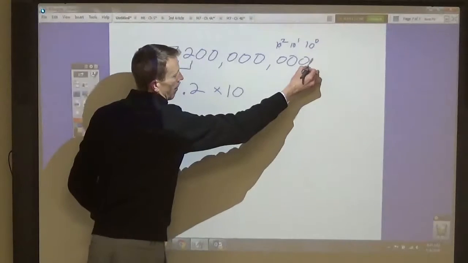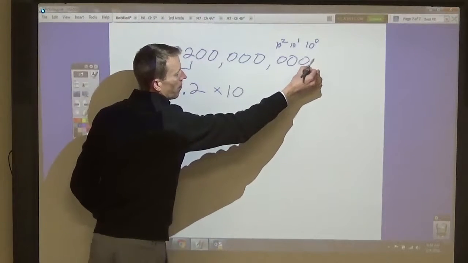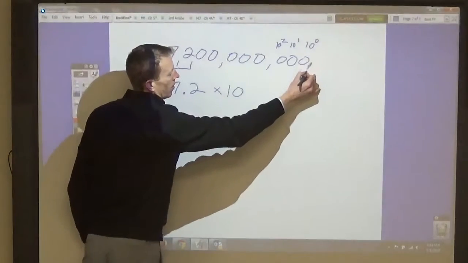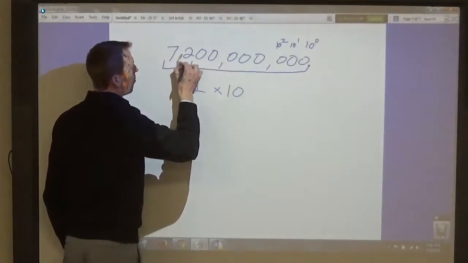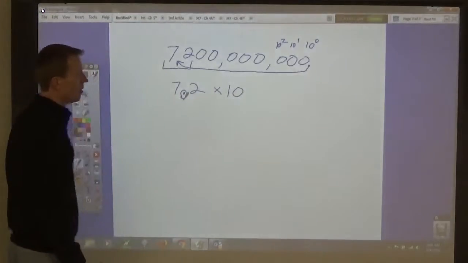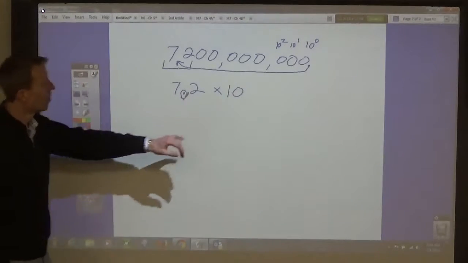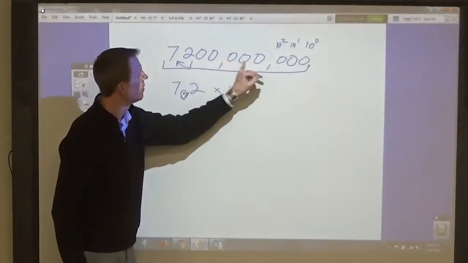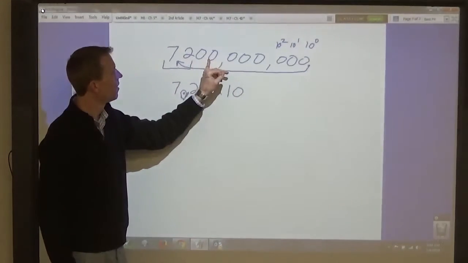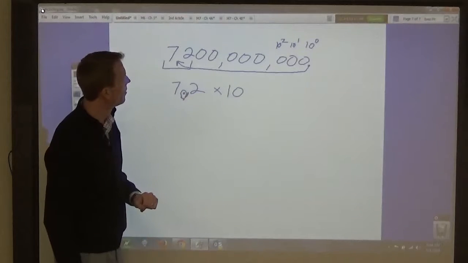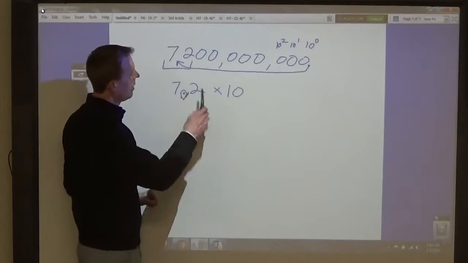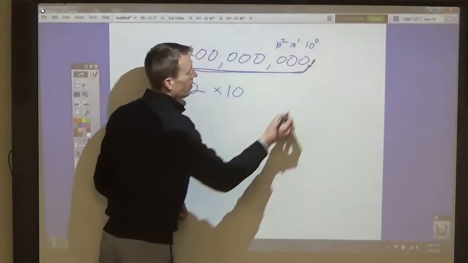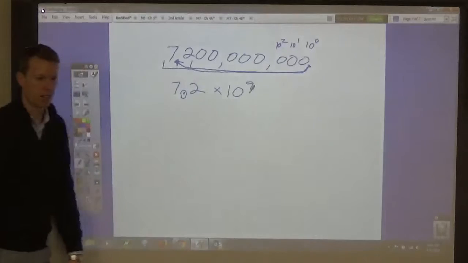So if we count the places from the far right of the number, since this is a whole number, all the way to where we would put the decimal point to get 7.2, how many places? 3, 6, 9 places, right? From here to here is 9 places.